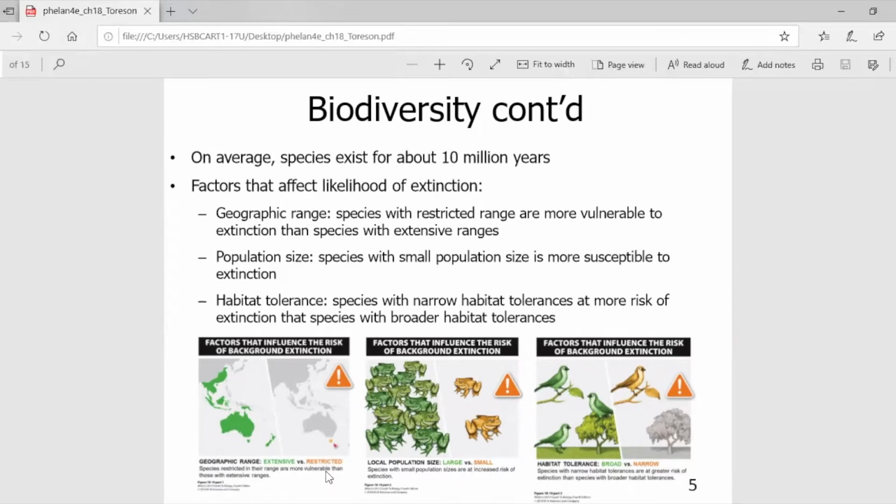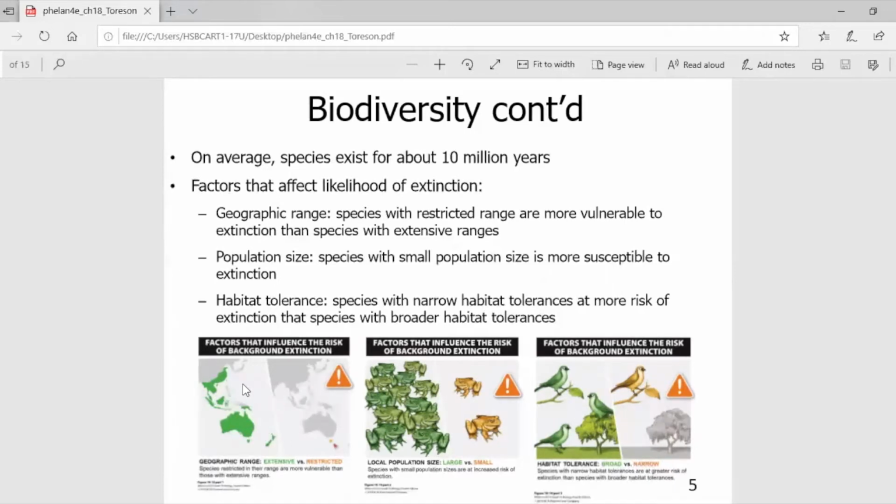So the more restricted or the smaller geographic range a species has, the more likely it is to go extinct. In this figure, you can see green represents the wide geographic range of a particular species versus on the right-hand side in red, there is a species that has a very restricted geographic range.